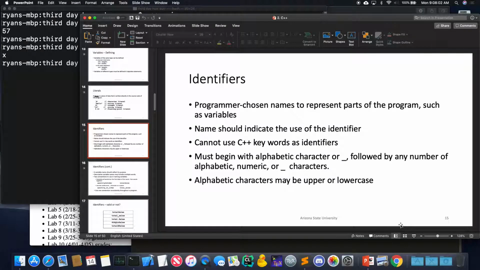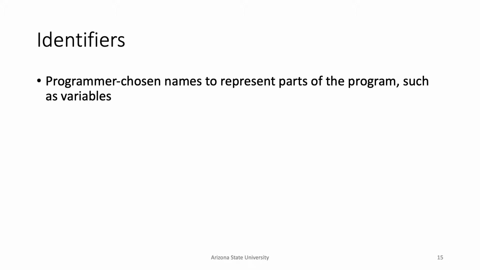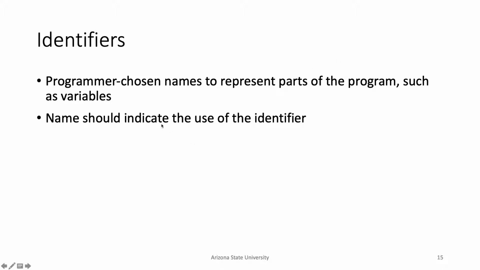But that's not really enforced by the language. You can have any identifier pretty much that you want. But you should follow that convention, whatever program you're making, because it's easier to read that way. So you choose names to represent the parts of the program. The name should indicate the use of it. If I make a variable that gets input from the user, a good name for it would be what?